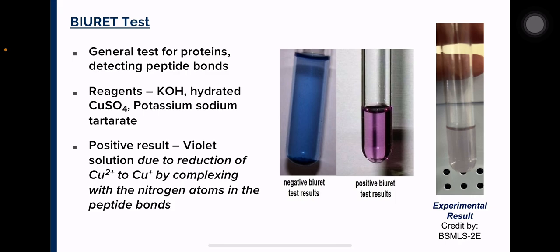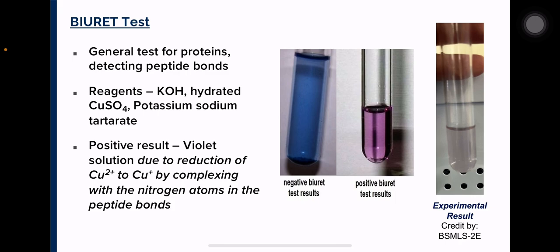So let's just have a quick recap about proteins. Protein is a macromolecule composed of one or more polypeptide chains, each possessing a characteristic amino acid sequence and molecular weight. It has many biologically important functions.